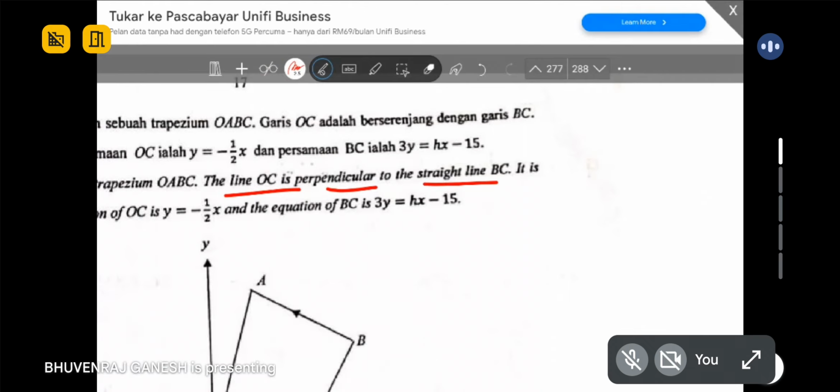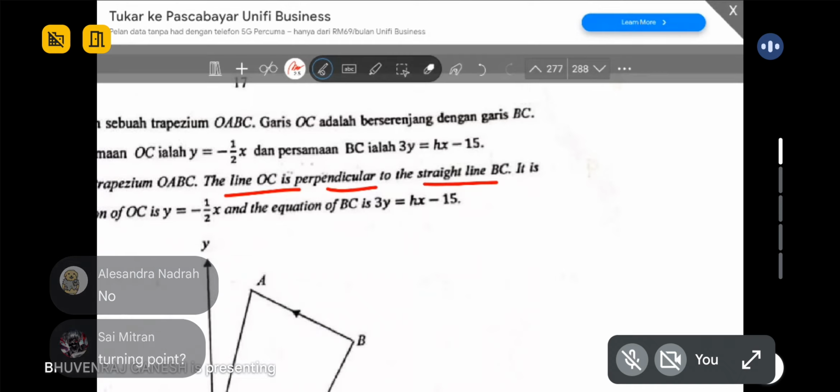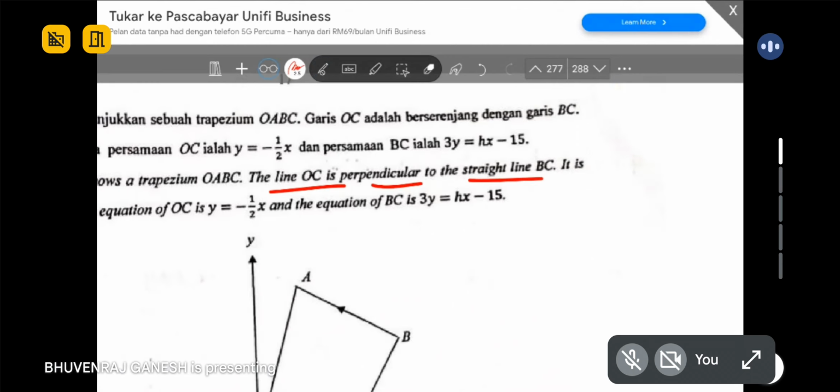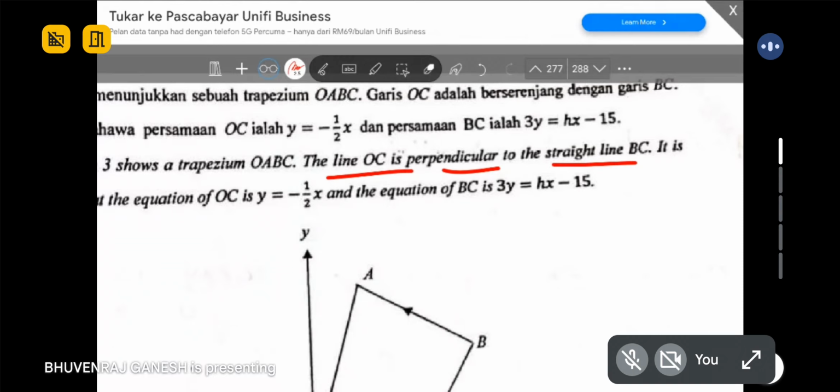I never heard this before. Has anyone heard of this? Optimal point? I think it is out of syllabus. It's not in SPM. None. I also don't know. No. Form 4 chapter 7, not there. I think you memorized it wrongly. Intersection point. Is it intersection point?